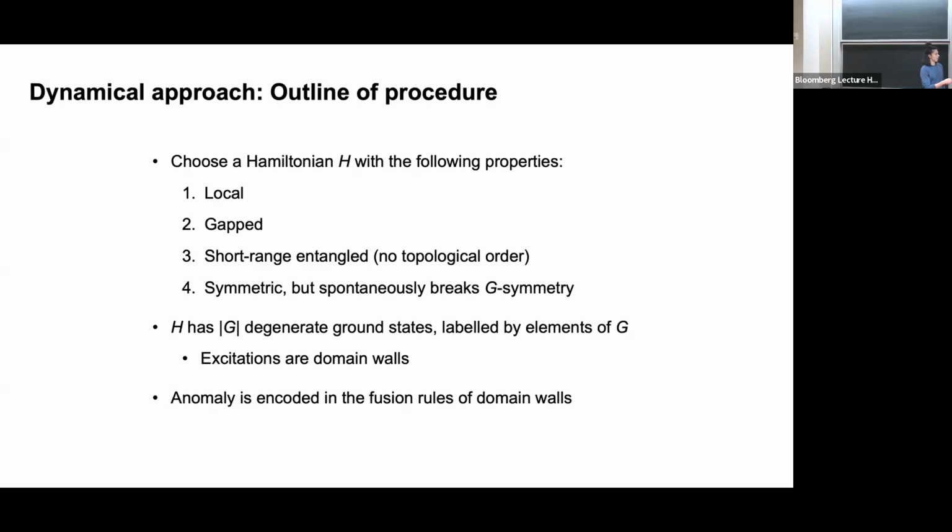What exactly I mean by fusion rules depends on the dimension that we're working in. You can always choose such a Hamiltonian. At the beginning I stated that I will take G to be a finite group symmetry, and I think it's generally believed that such a Hamiltonian can also be chosen. I certainly don't know of any counterexamples.